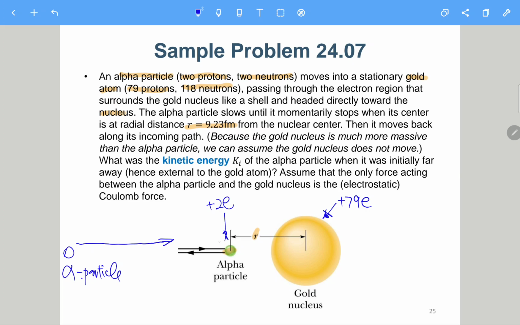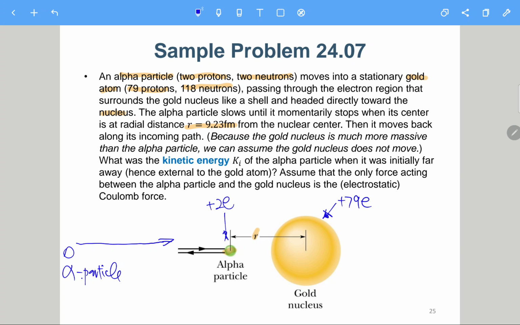So as long as this particle is going from far away and then approaching the gold nucleus, the alpha particle will decelerate until it stops and then go back. It will not physically touch each other. So this is the electromagnetic force.